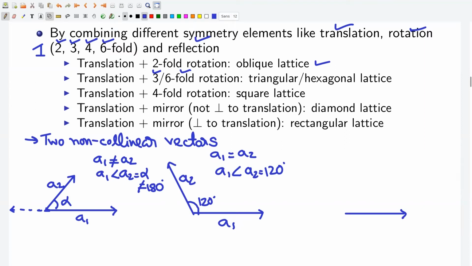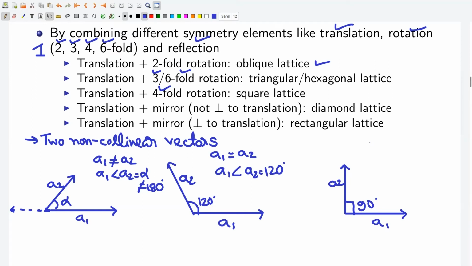Next, we take this lattice vector A1 and apply fourfold rotation. In that case, the second vector is along this direction. This is A2, and this angle is 90 degrees. Again, just by the rotation, we already have another vector which is non-collinear.